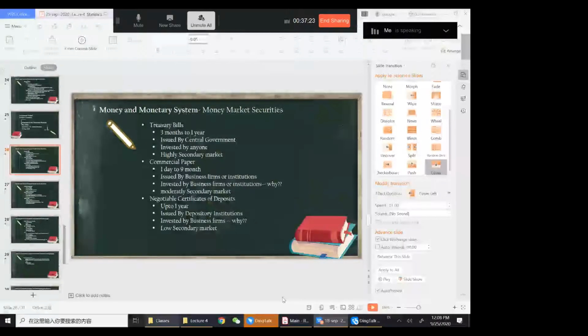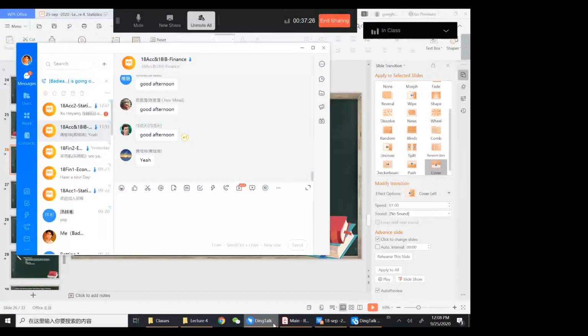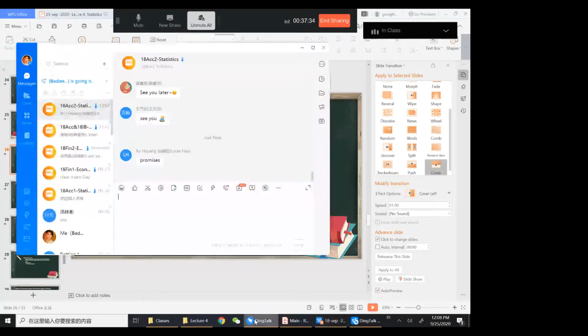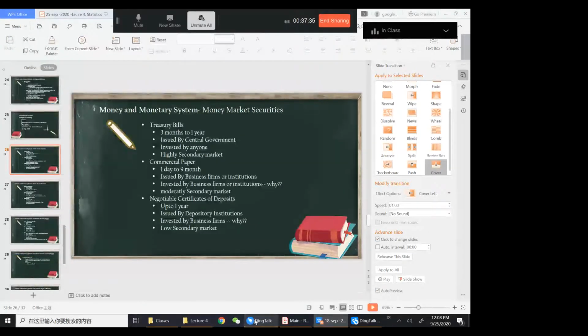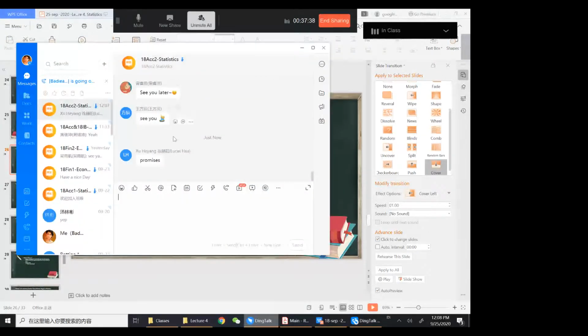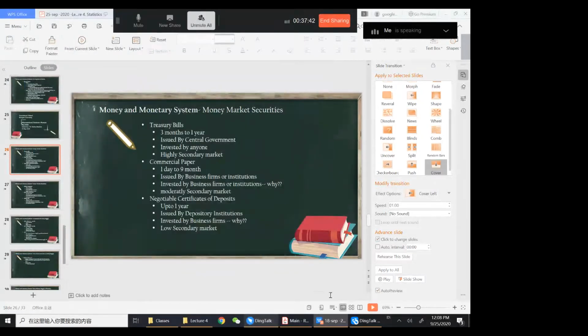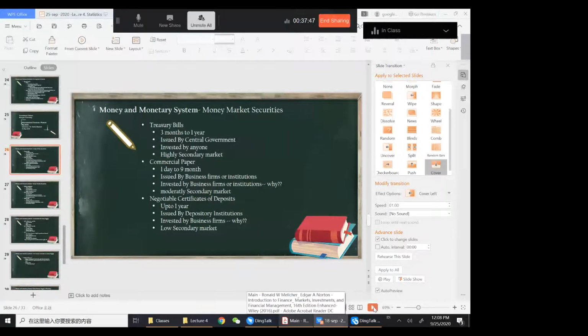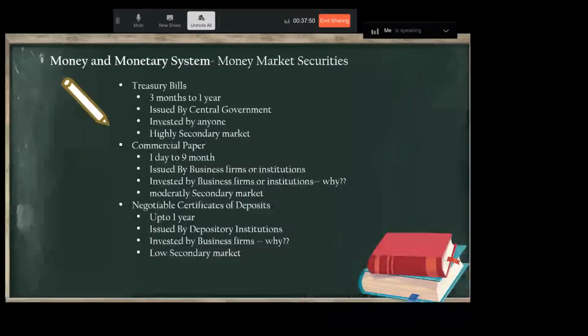Let me see. Oh no, it's from somewhere else, not from you. Oh, okay, you are in this group. Just join this finance group because we are together. Yeah, security, that's right. Shu, yes, you're right, and I'm really glad that you know what a security is.